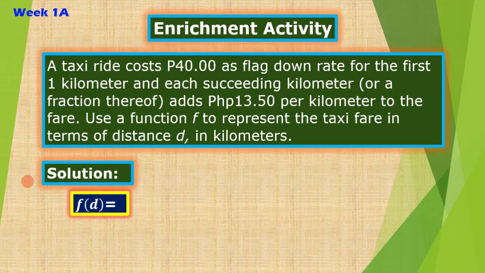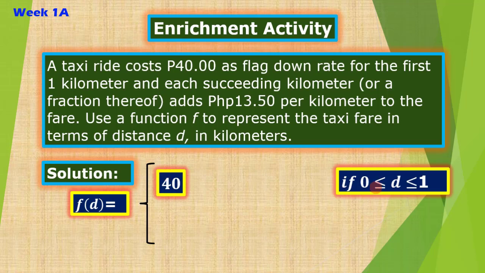So for the solution, f of d equals 40, the flag down rate, and the condition is that the distance is from 0 to 1 kilometer inclusive. So the distance should be greater than or equal to 0, and less than or equal to 1 kilometer. We will use this function 40, meaning a constant function.